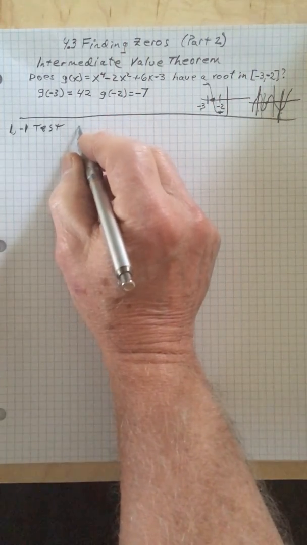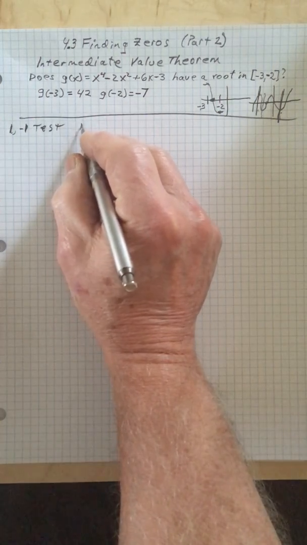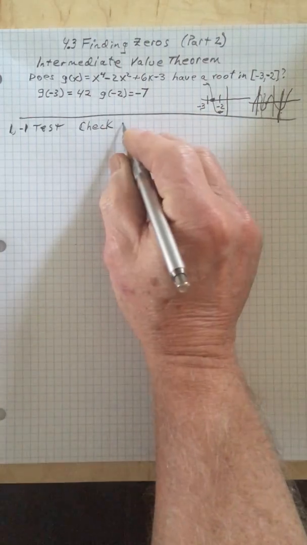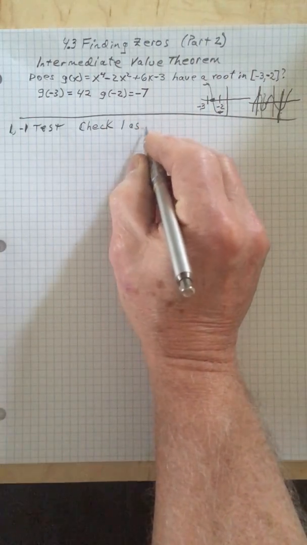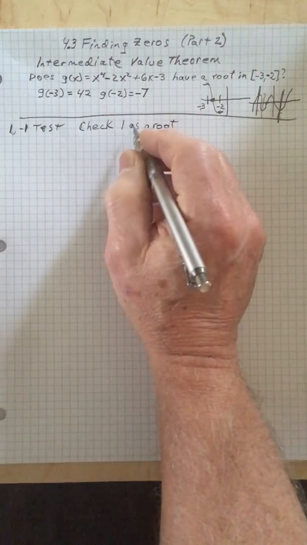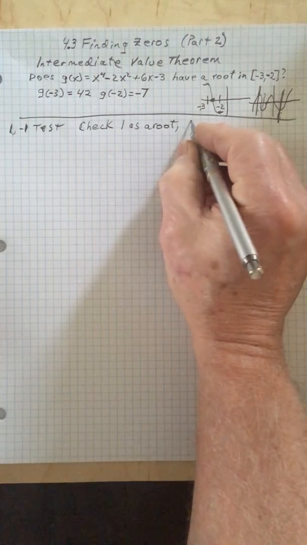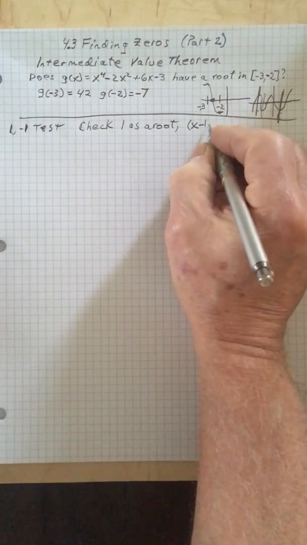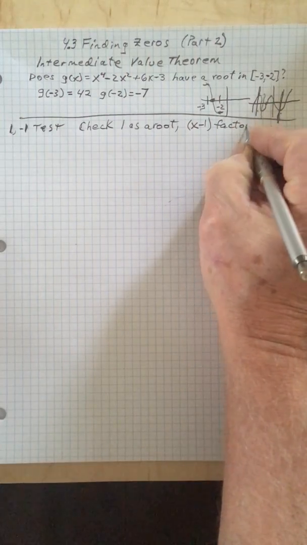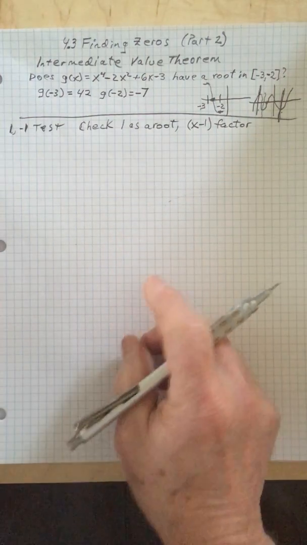To check for 1 as a root, now not only are we checking for 1 as a root, but if we find out 1 is a root, then that also means x - 1 is a factor. So they're the same thing. So we can also use this to find factors.